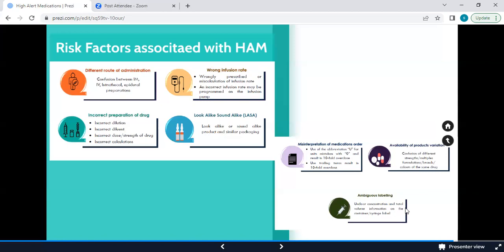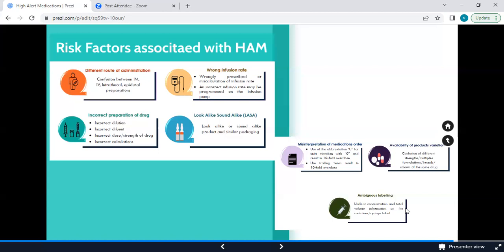So here, in the preparation of such agents, we also have to be careful, and I talked already about look-alike and sound-alike medications, which are visually similar because of the packaging, or have similarities in the spelling. Also, there is another problem, especially with insulin, while you are interpreting the order.